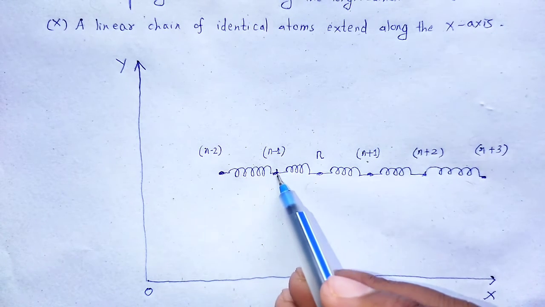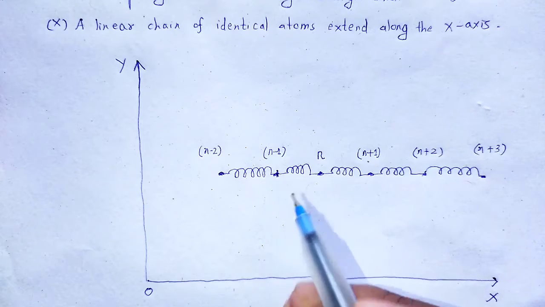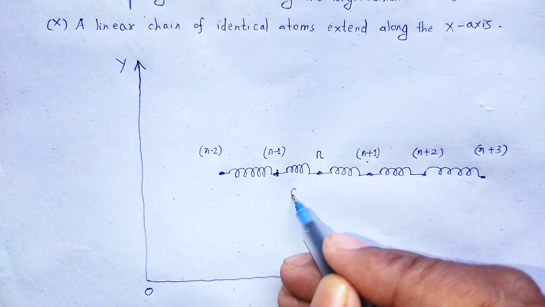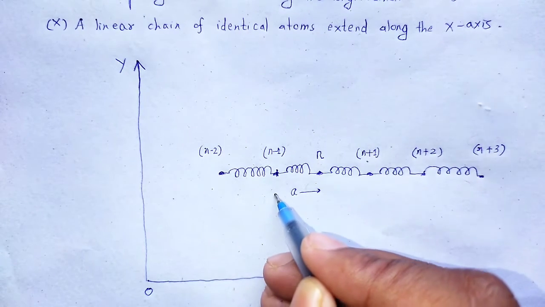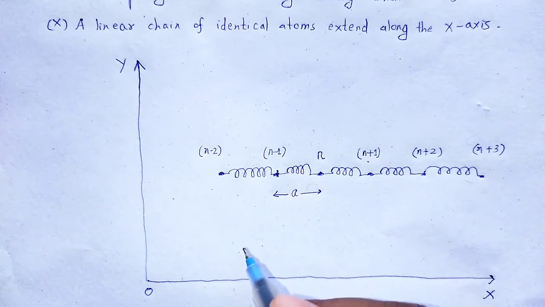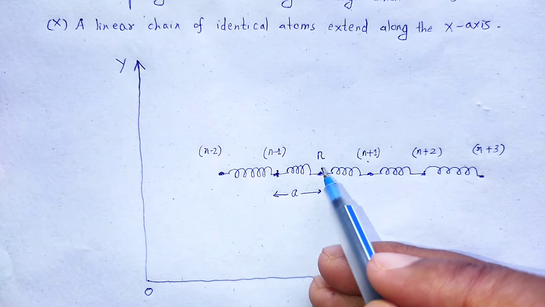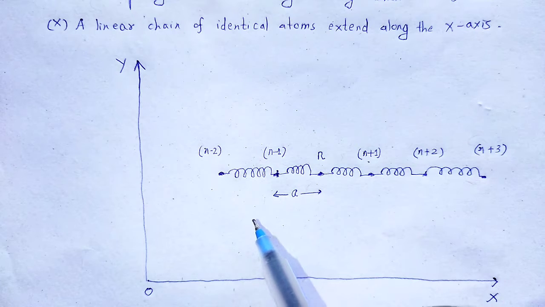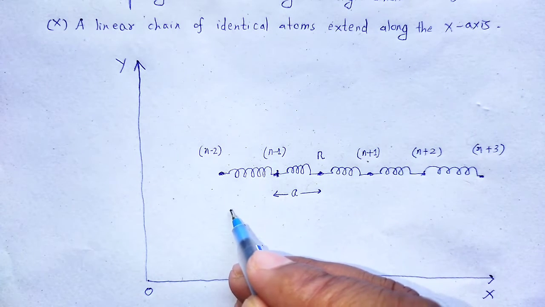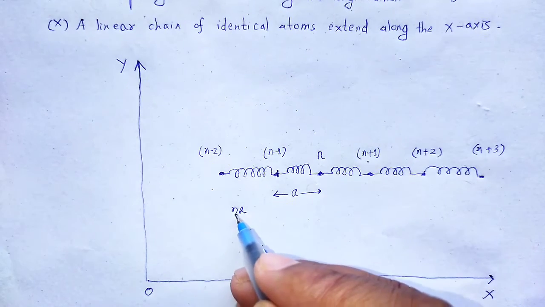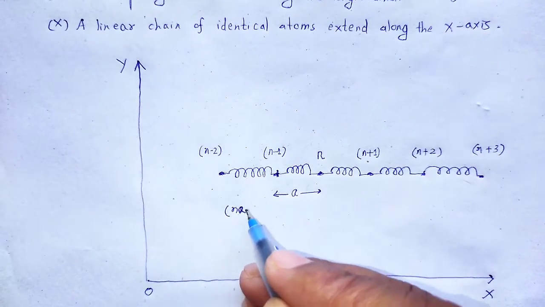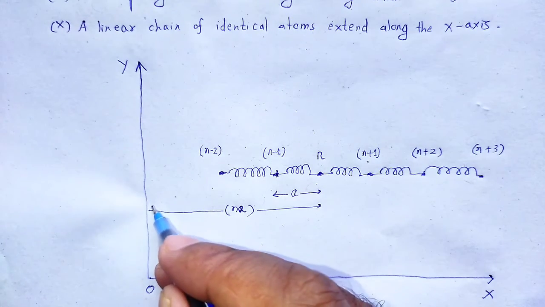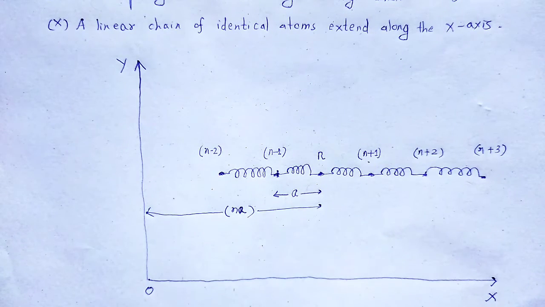And the distance between two nearest atoms is small a. For the nth atom, that distance will be n a, the distance of the nth atom from the origin.